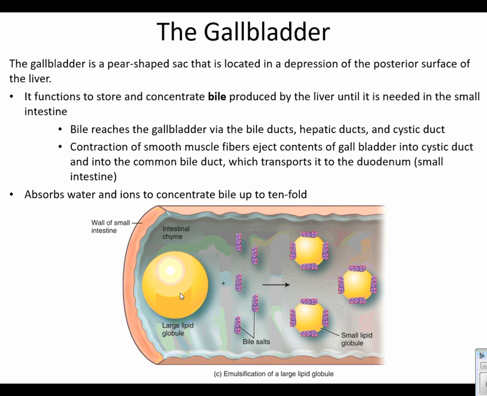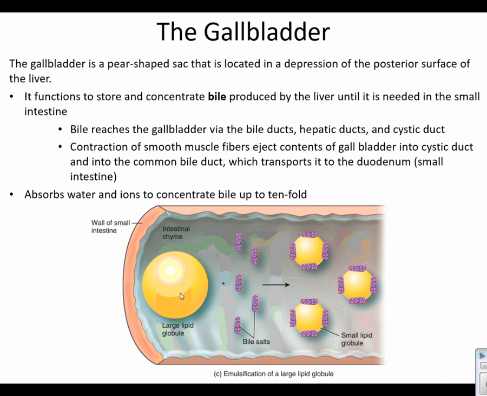So when the fat is in your stomach and the small intestine, the fat's going to want to clump together with other fat and form large globules of fat. Those large globules of fat are really hard to digest. Think of it like a big chunk of ice. That melts really slowly, but if you break it apart into smaller pieces, the smaller pieces melt much more rapidly.